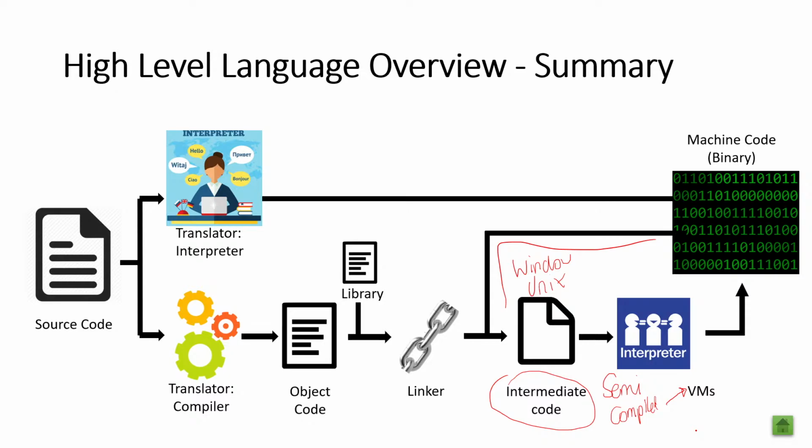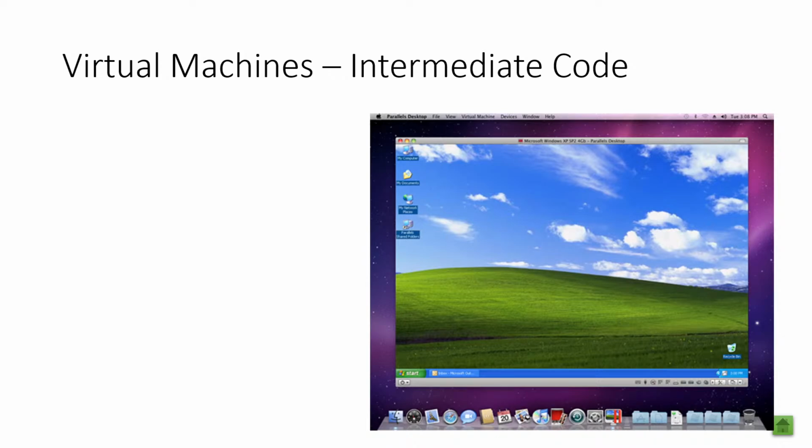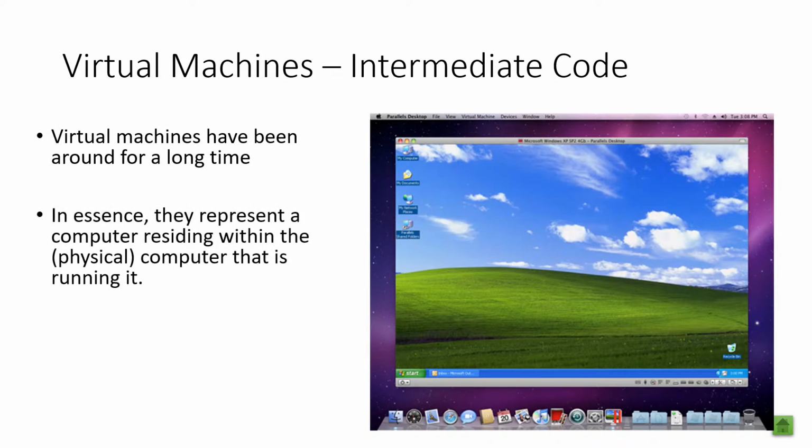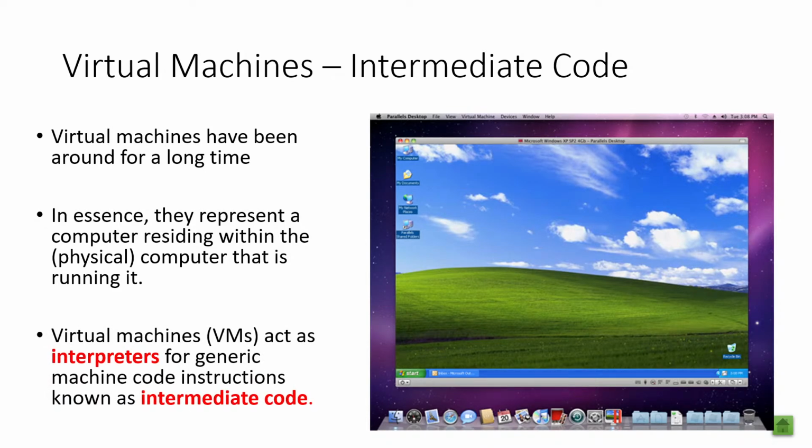Once you put it in a virtual machine, that's a translator on a different architecture set, and you can run an operating system, for example, inside another operating system. So virtual machines have been around for an awful long time, and that allows people to use different programs for different operating systems inside their operating system. But virtual machines are just interpreters. That's all they are, just interpreters.